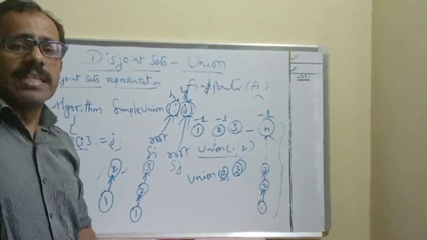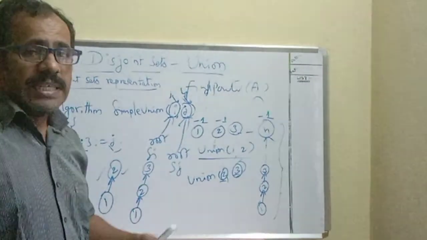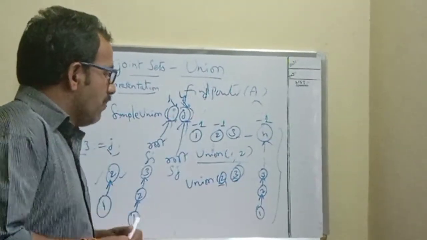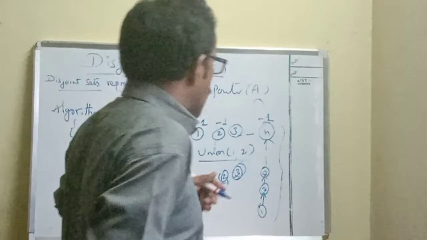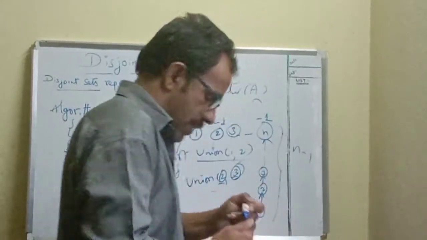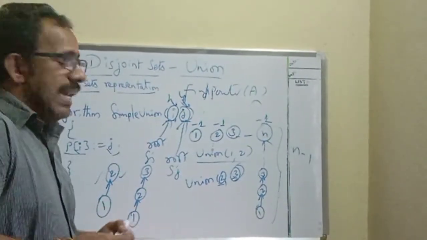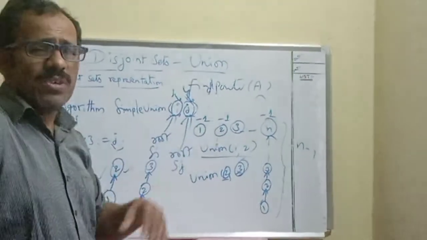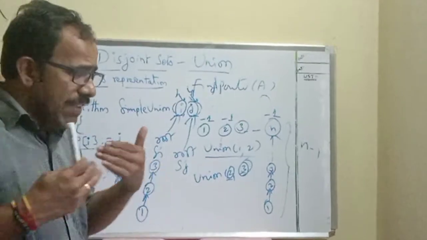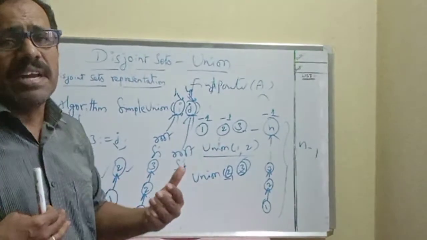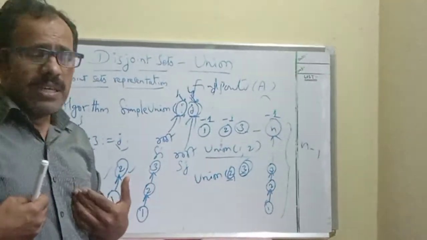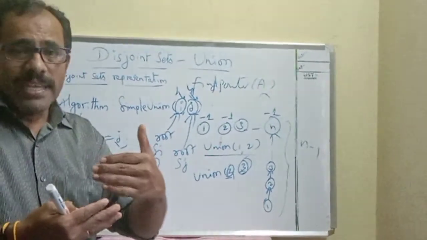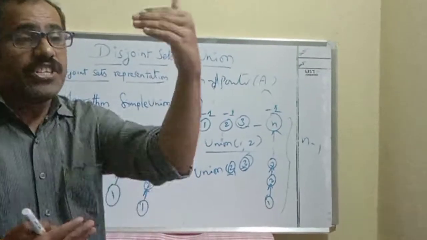Then what is the drawback in this? n-1 unions are required to combine n elements. This is the worst case. By using the simplest union procedure, we get the worst case tree structure. Worst case means we always assume, without considering any other criteria, one constraint: combining two trees by making the first tree root node a child of the second tree.